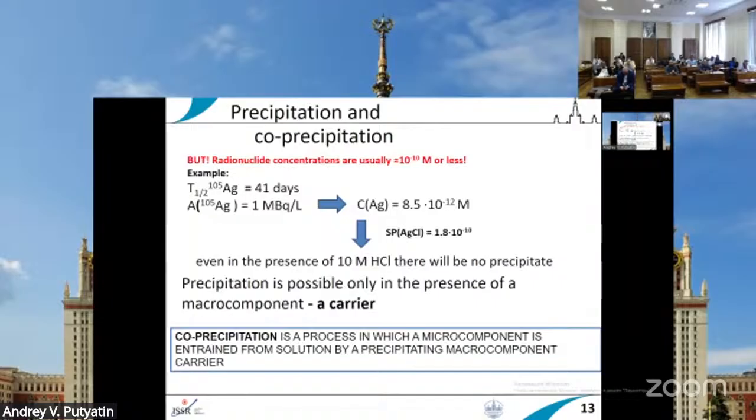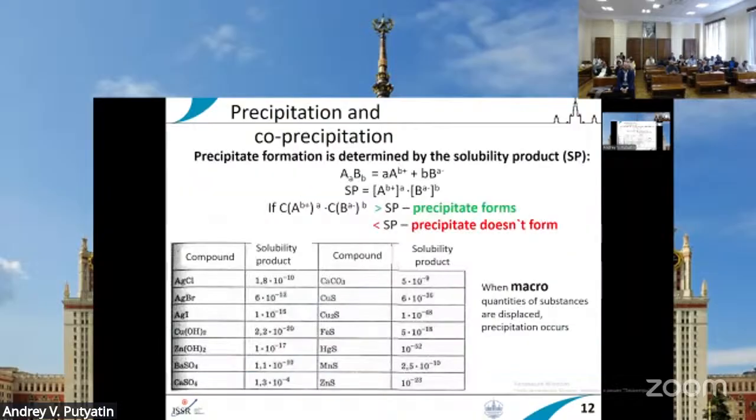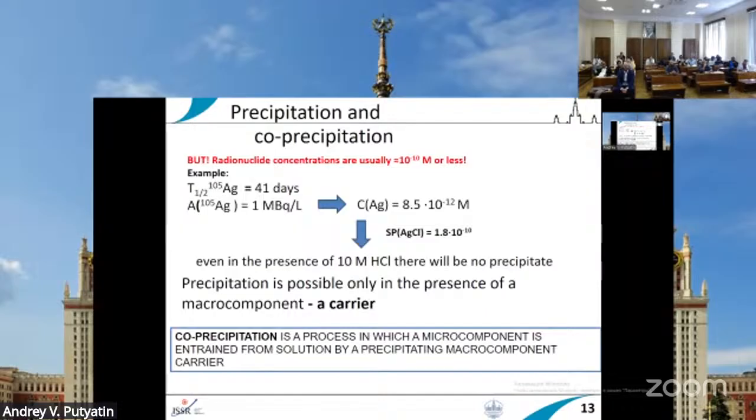Here is an example of precipitation of radioactive silver, and it is clearly seen that when we deal with a solution with such a specific activity, its concentration is very close to its solubility product, and that's why even if we add concentrated hydrochloric acid, there will be problems with its precipitation.